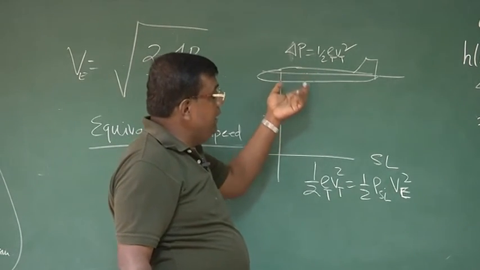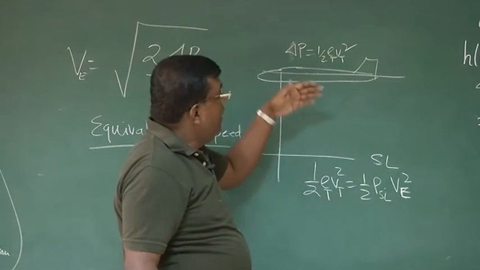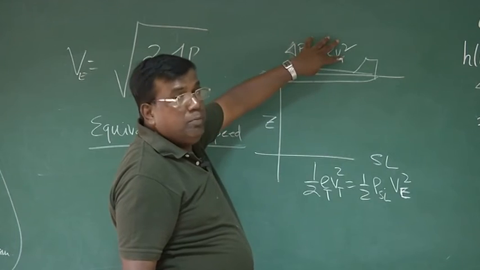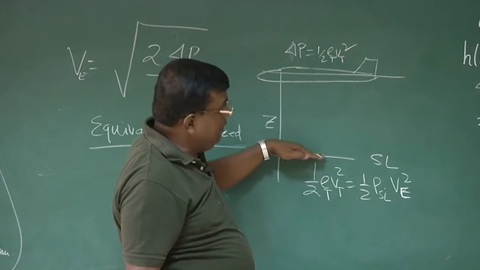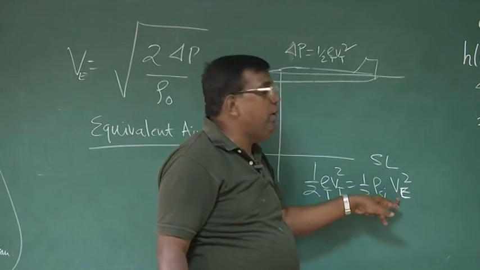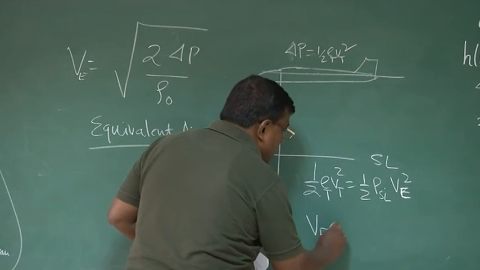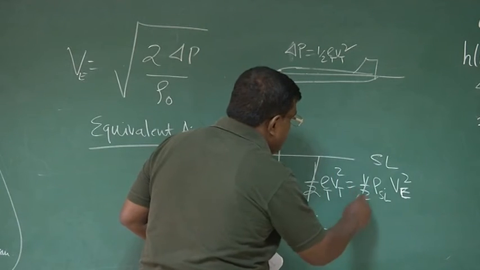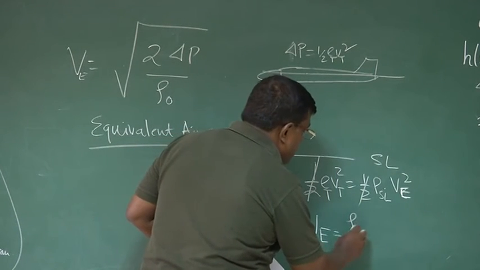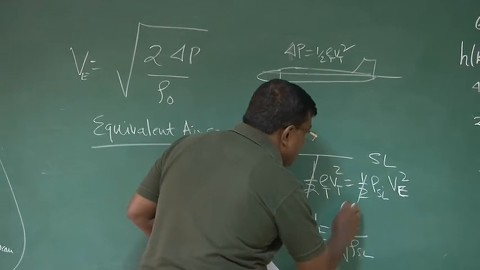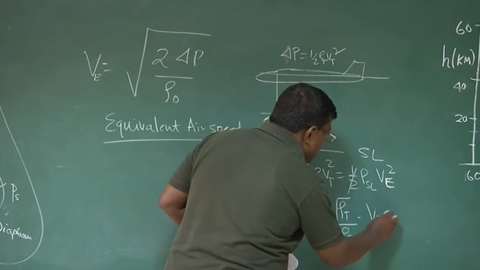And when we are defining equivalent airspeed, you ask a question to yourself: to duplicate the same dynamic pressure, if I fly at sea level, what will be the equivalent airspeed? So you can see now, this equivalent airspeed will be, the half goes cancel, root of rho true by rho sea level into V true.